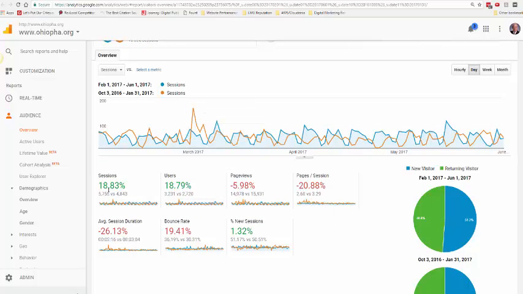You can see that the sessions have gone up almost 19%, users are up almost 19%, page views are down, pages per session are down, the average session duration is down, and the bounce rate is up. Again, take that with a grain of salt because the first 6 weeks or so things were a little bit erratic here. So really I would suggest taking January as a starting date to move forward in making comparisons.